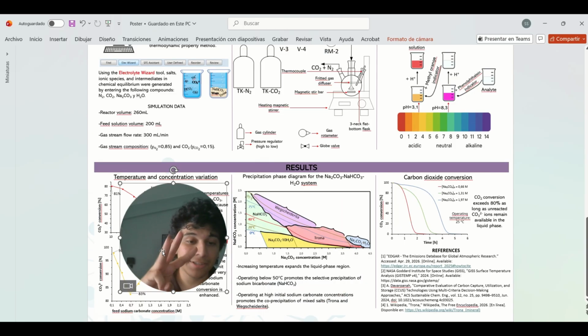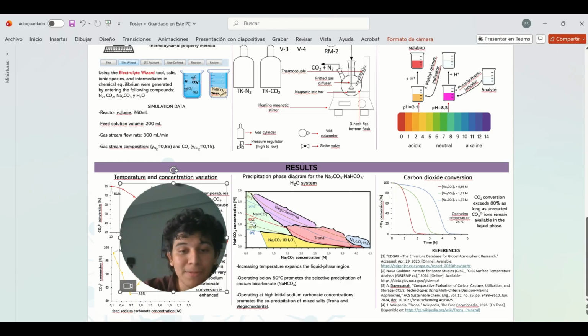Well, the third picture is the precipitation phase diagram for the sodium carbonate, sodium bicarbonate, and water system. In this graphic, you can see different zones and lines like 20 degrees, 40 degrees, and others. These lines are the liquid-solid equilibrium.